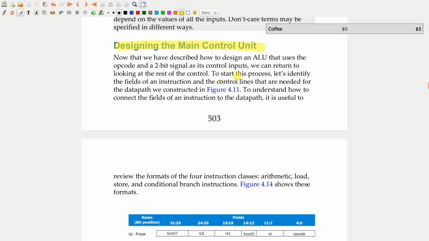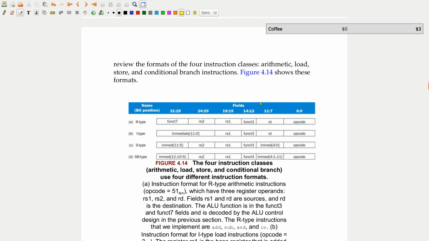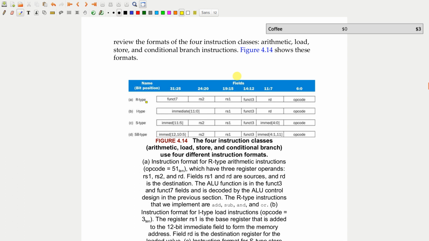Okay. So to start this process, let's identify the fields of an instruction and control lines that are needed for the data path we've constructed previously in figure 4.11. So here we have the different instruction types, R, I, S, and SB.